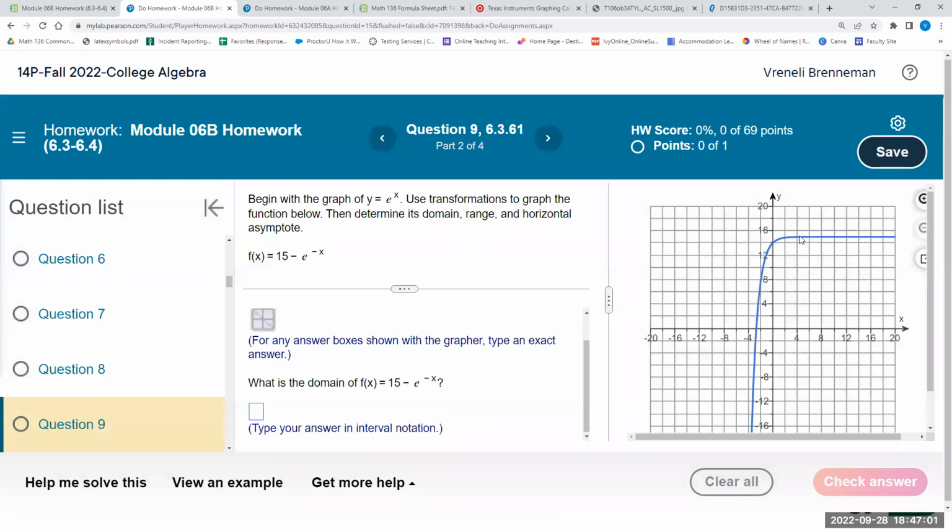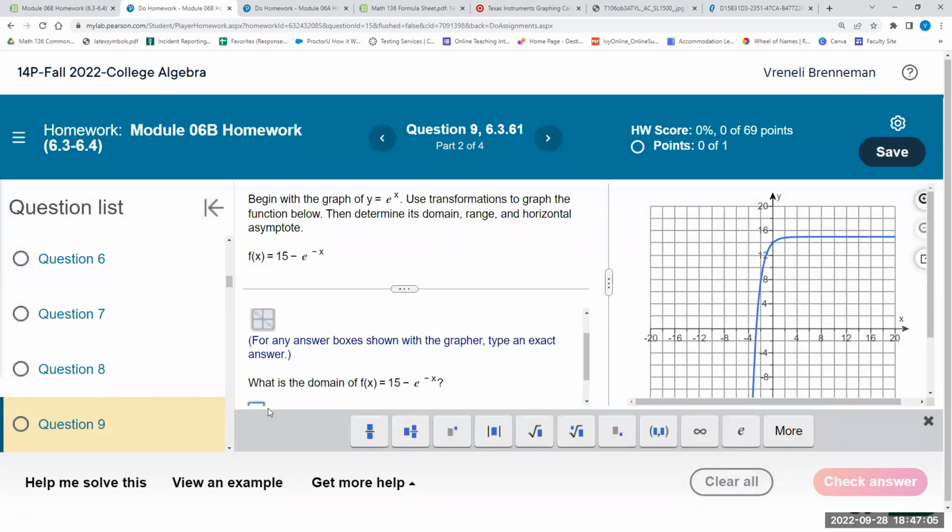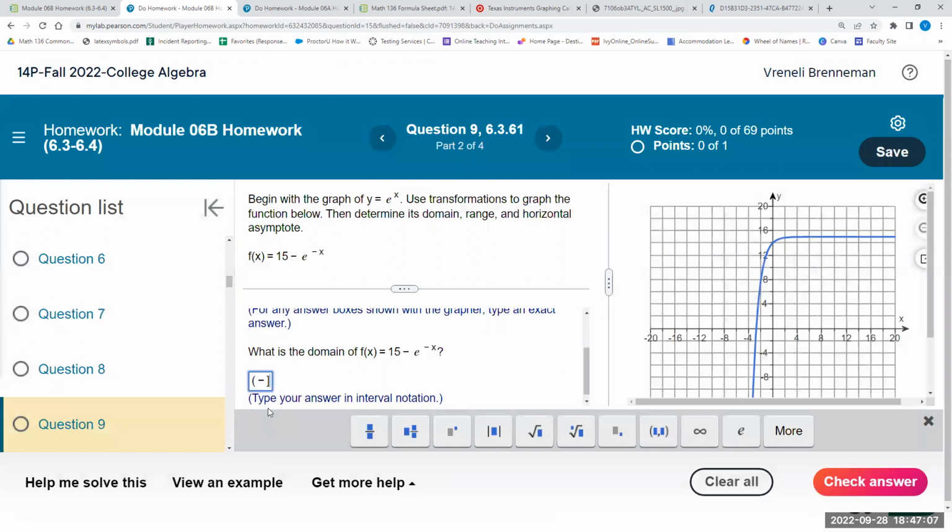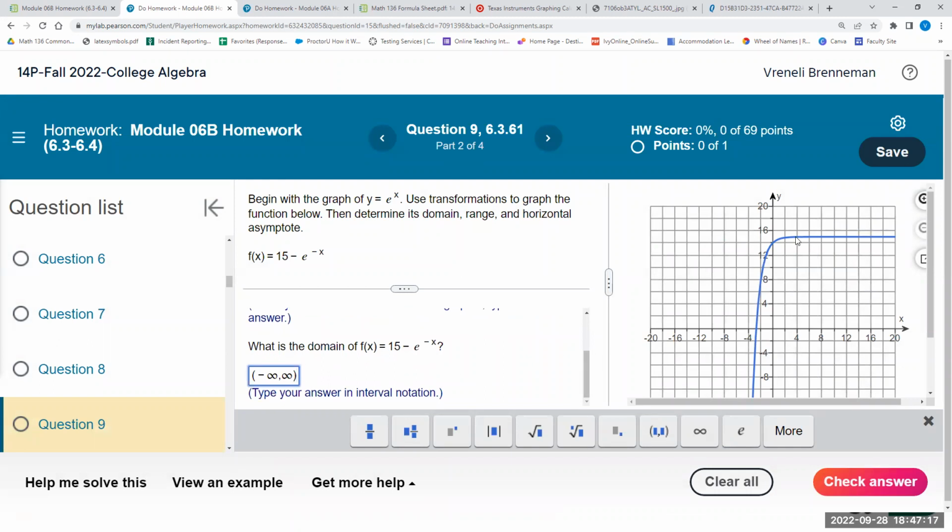Looking at this then, the domain of any exponential function is always going to be all real numbers. If you look at the graph, you might think it doesn't go all the way, but it does. So you just have to know that. For the range, you can see where it flattens out here. That's the 15.